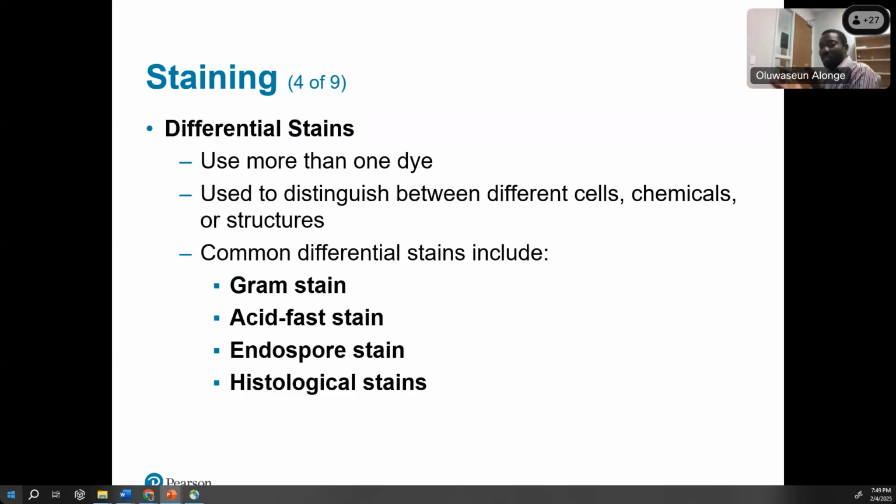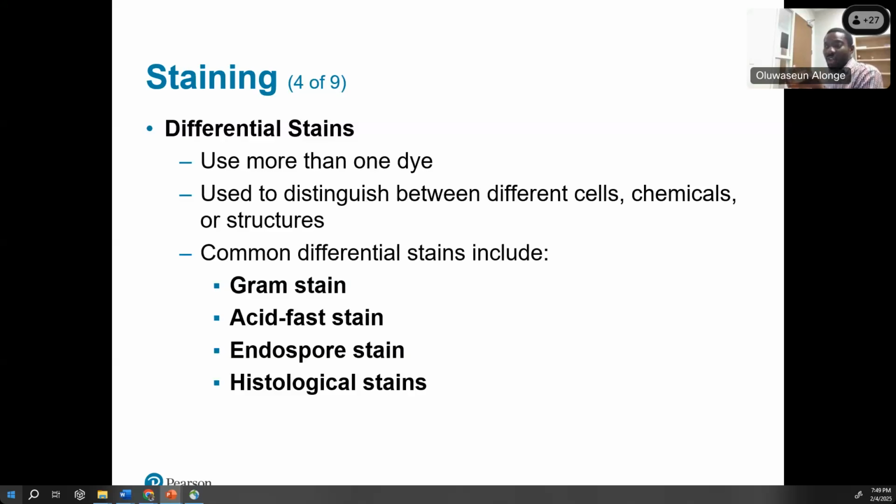For instance, with hematoxylin and eosin, once you are done staining, you can tell that this is the nucleus on that slide and this is the cytoplasm. So it has differentiated them. And it's usually two stains. So you use one first, you rinse, and then you use another. You use one, you rinse, you use another. All right? That is hematoxylin or any other kind of differential stain.